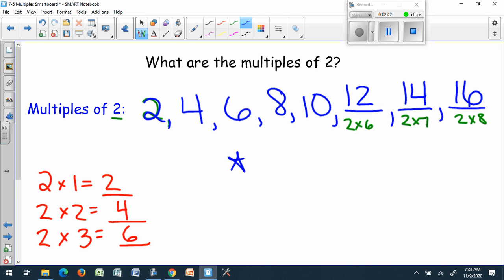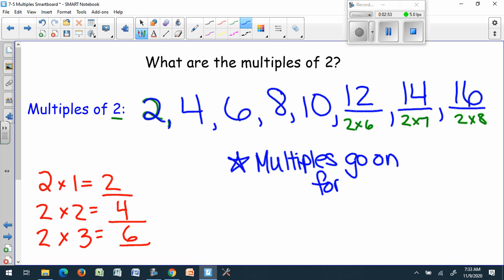Let's put a star underneath this and say multiples go on forever. You can write yours on the line correctly. I ran out of space. I can never ask you to name all the multiples. You'll be here forever. So keep in mind that will never be a question that a teacher asks you to name them all, because it's not possible.